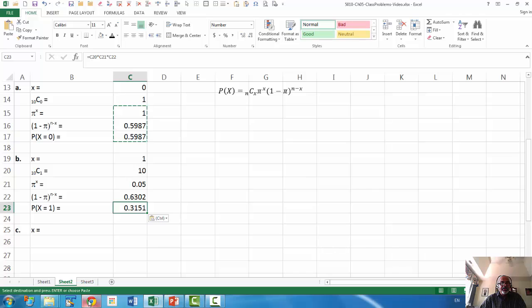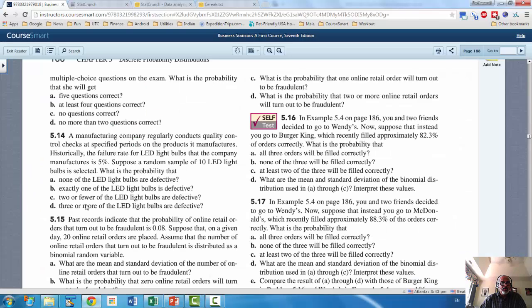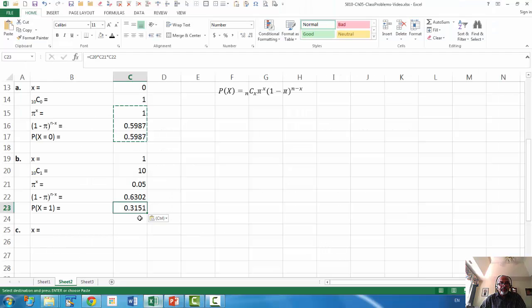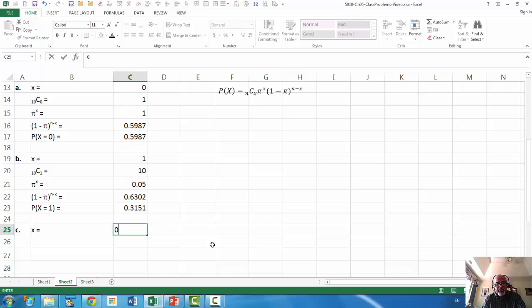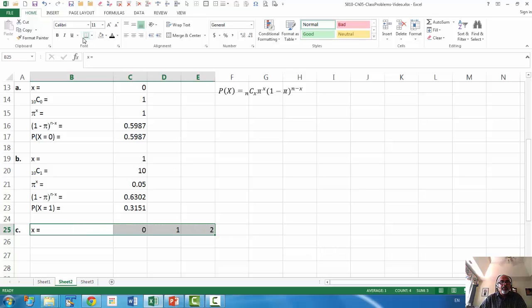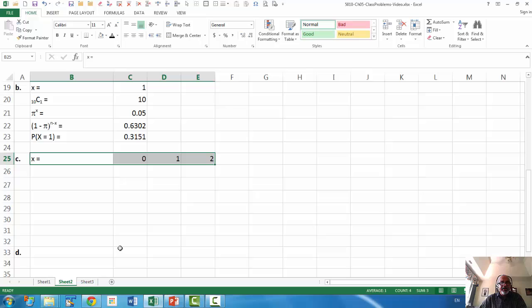Next question is 2 or fewer. If you want 2 or fewer, then X is 0, 1, or 2. We actually have 0 and 1 already computed, and all we have to do is compute 2 and we will have it. But let's do each of them separately. We want to compute these three probabilities and then add them up.